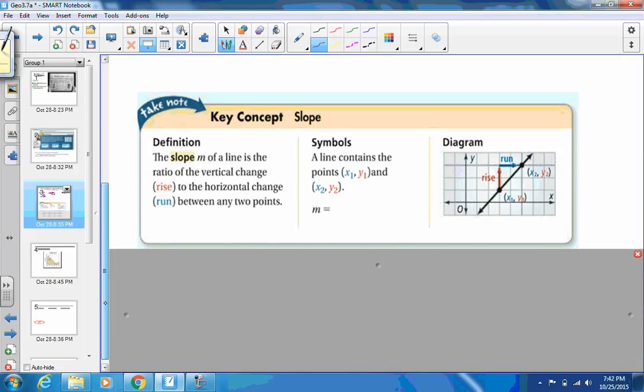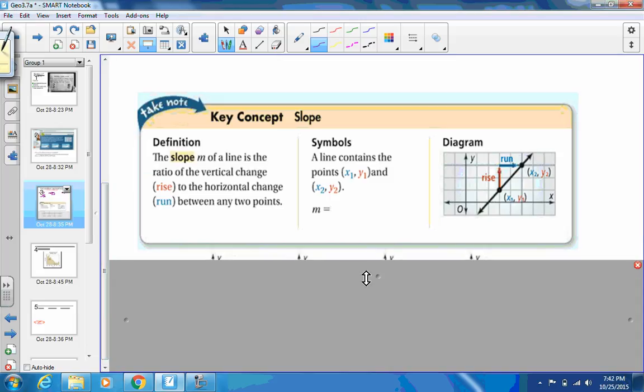So why don't we take a look at the definition in your notes. It says the slope m of a line is the ratio of the vertical change, or rise, to the horizontal change, which is called the run, between any 2 points. So the line contains the points (x1, y1) and (x2, y2).